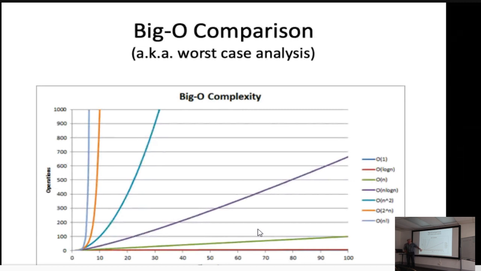The purple line is actually n log n, which is a really common algorithm. A log-based algorithm, like what we just talked about, we had 100 numbers and we knew the maximum number of guesses was 7.